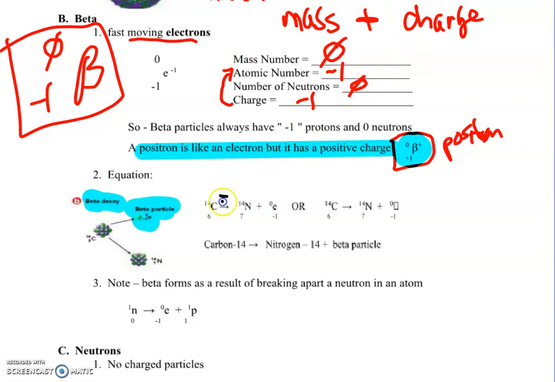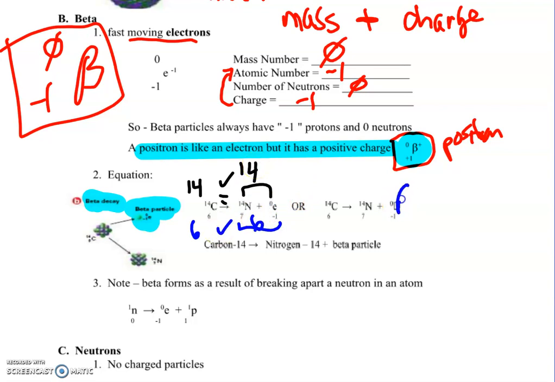So treat the arrow like an equal sign. On the left, the mass is 14. On the right, we have a mass of 14 and a mass of 0. So we started with 14 mass units and we ended with 14 mass units. Let's look at the charge then. On the left, we have a charge of 6. On the right, we have a charge of 7 and -1. 7 and -1, that's 6. So in this example, we conserve charge as well.